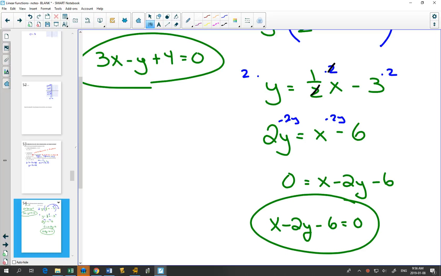Technically, there's other rules that this needs to be in simplest form. Because what would happen if I multiplied everything here by 2? I'd get 2x minus 4y minus 12 equals 0. Well, that still follows all of the rules, but it wouldn't be the general simplest form.